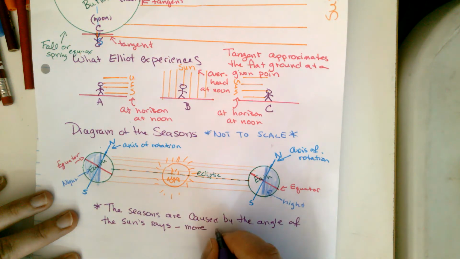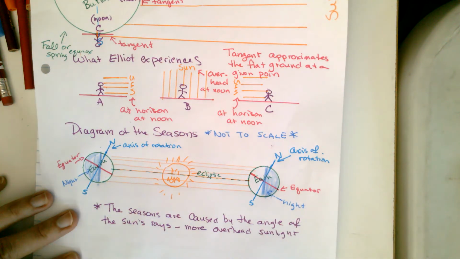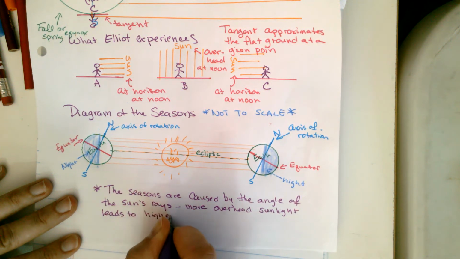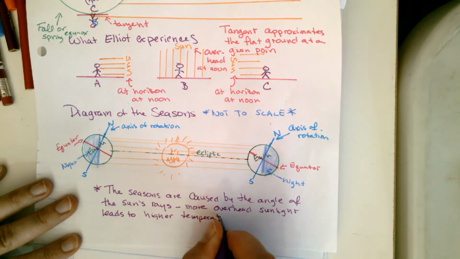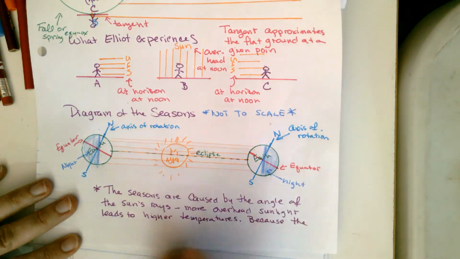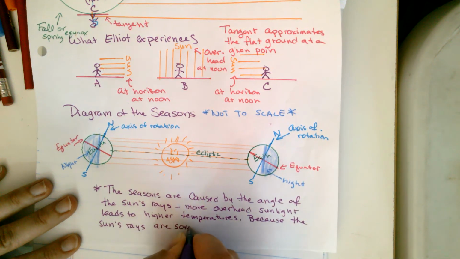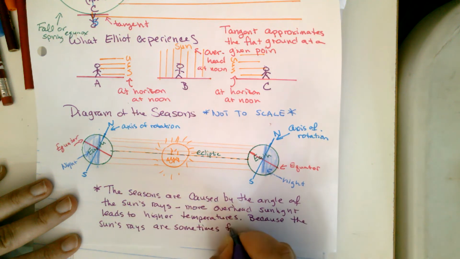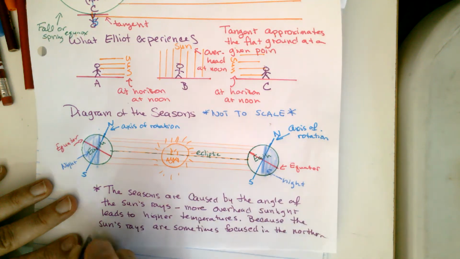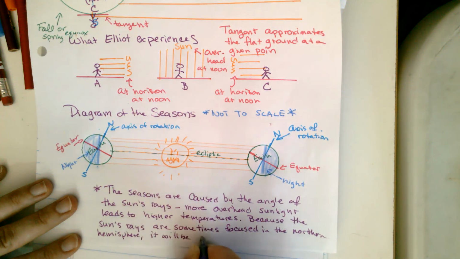More overhead sunlight, which you saw in some of those Pearson videos, leads to higher temperatures, because the sun's rays are sometimes focused in the northern hemisphere, and it will be summer in the north.